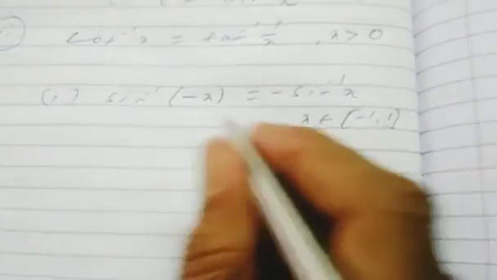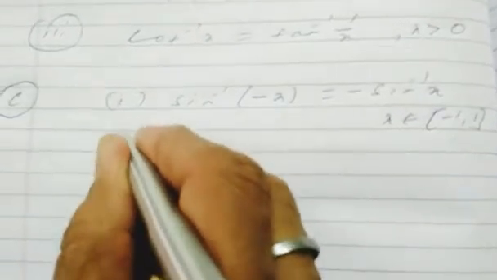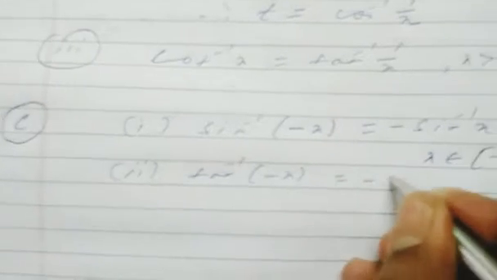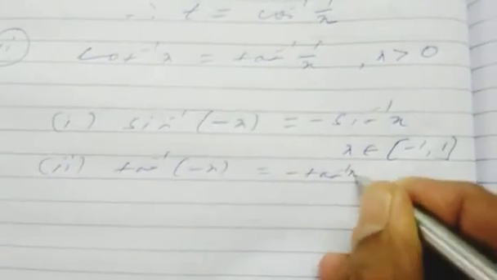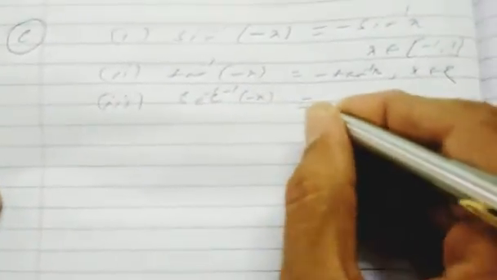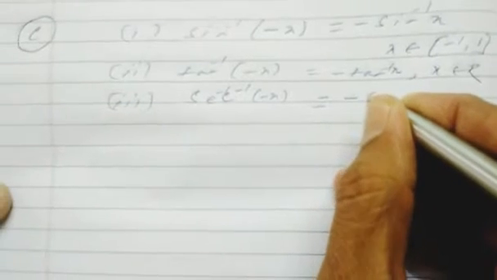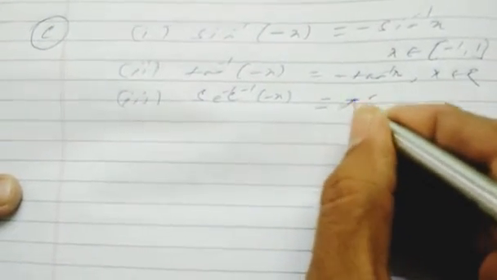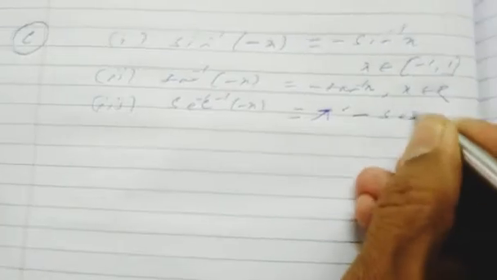The second is tan inverse of minus x is equal to minus tan inverse x, where x belongs to R. And the third is sec inverse of minus x is equal to pi minus sec inverse of x, and mod x should be greater than or equal to 1. But how can we prove it?